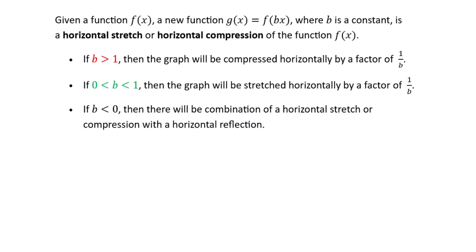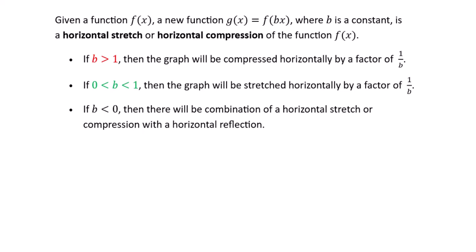Given a function f of x, a new function g of x equals f of b times x, where b is a constant, is a horizontal stretch or horizontal compression of the function f of x. If b is greater than 1, then the graph will be compressed horizontally by a factor of 1 over b.